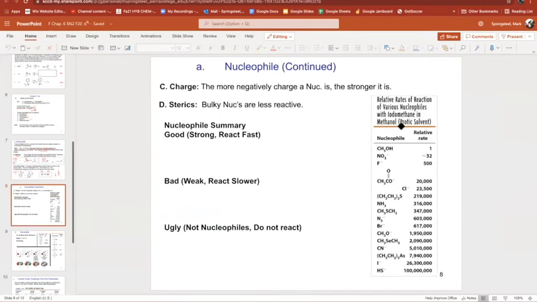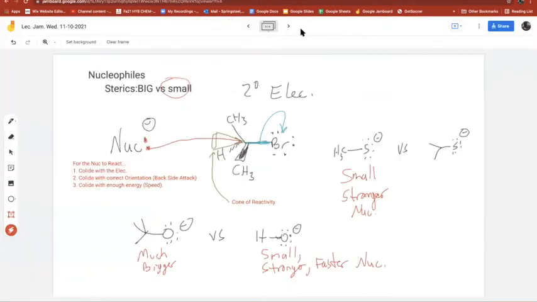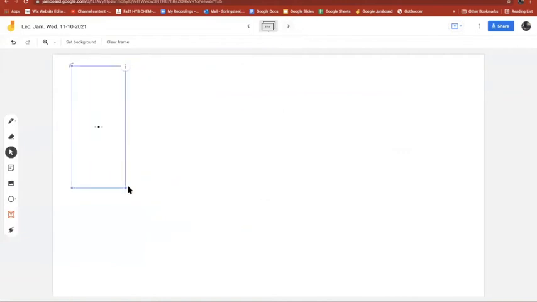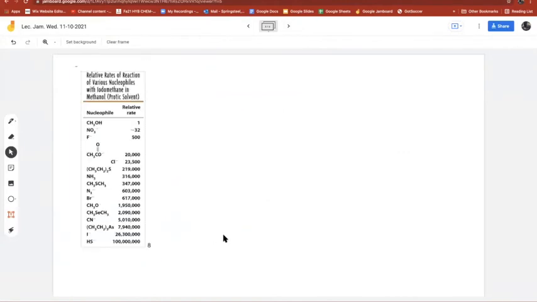Oh, I want to show you this table. This table is describing a reaction between iodomethane, so I've got the CH3I, and a nucleophile with methanol as the solvent to give the product.